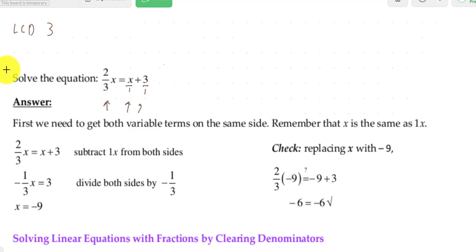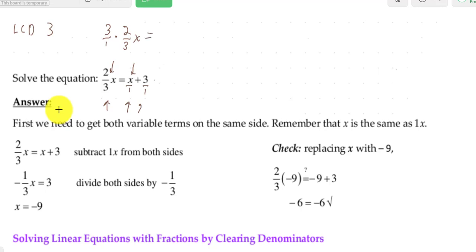3 divided by 1 is 3, 3 divided by 3 is 1, right? So if I multiply each term by 3 over 1, because remember, 3 over 1 is the same as 3, right? So this is 2/3 x. I multiplied this first term by 3 over 1. I'm going to multiply this second term by 3 over 1.